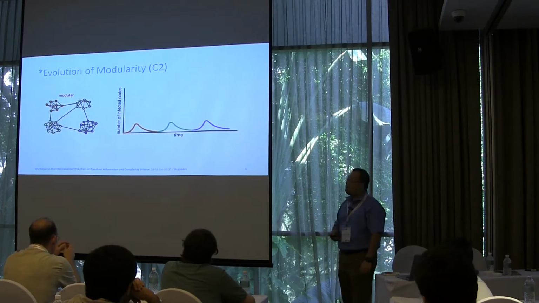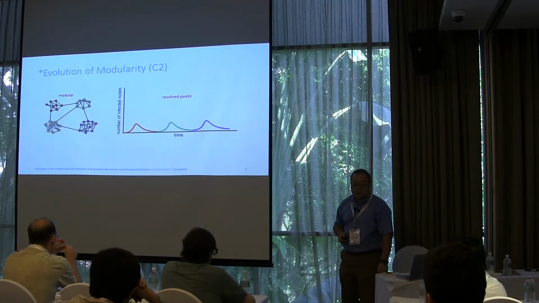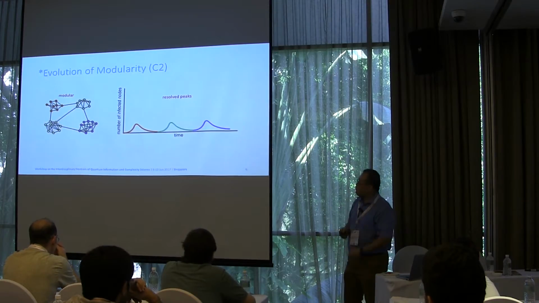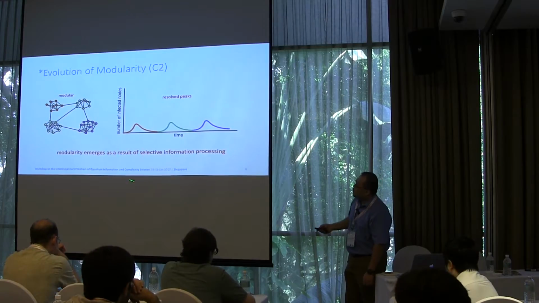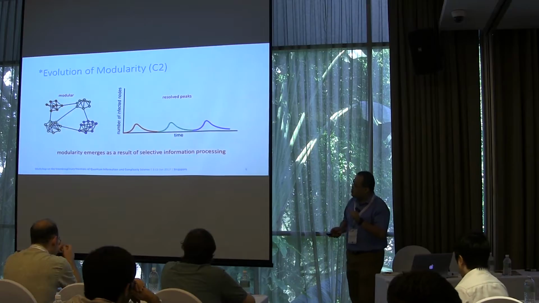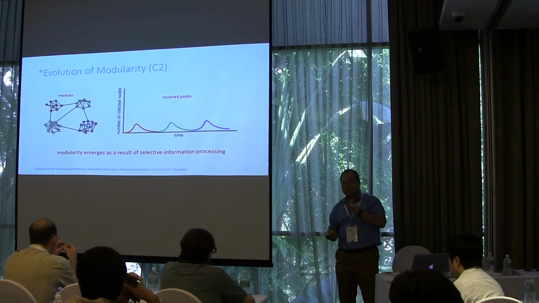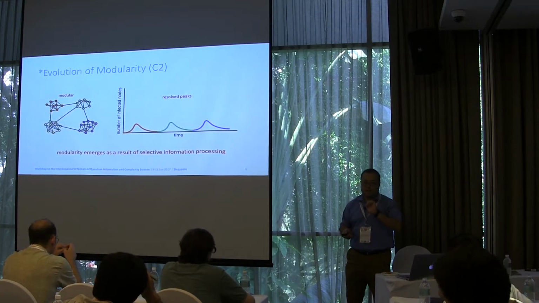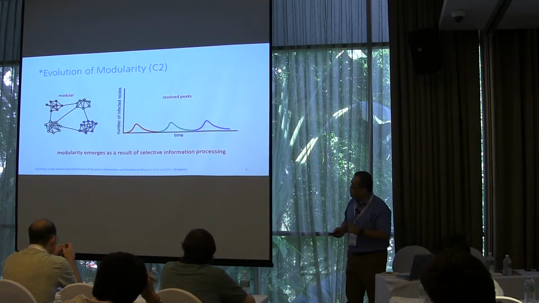We would have a very well-defined cascade structure, resolved peaks, and then we can start to really talk about information processing. So I believe modularity emerges as a result of selective information processing, and we are in the process of testing this in a model, of course.